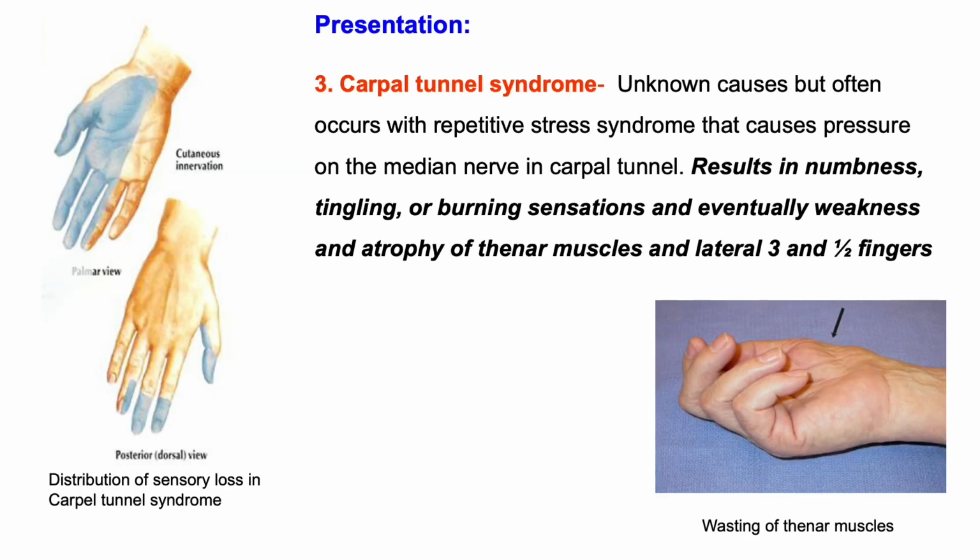The other presentation is carpal tunnel syndrome. The cause is unknown, but often it occurs whenever there is repetitive stress on the wrist area. Usually if you are continuously using your laptop and you keep your wrist on the table, if it is compressed for a long duration, this can cause stress on the tunnel, a repetitive stress syndrome that can cause pressure on the median nerve in the carpal tunnel.